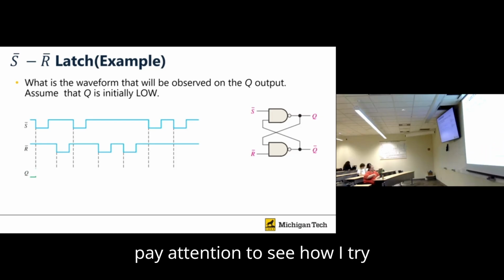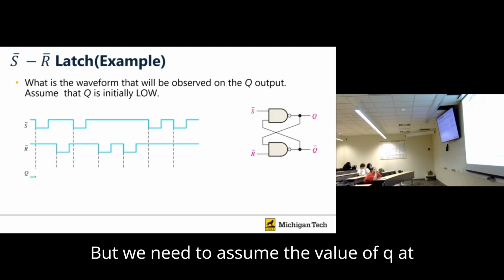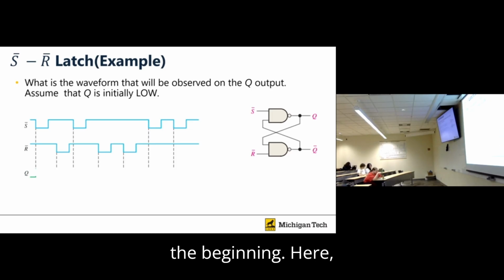So pay attention to see how I try to find Q. We're asking what waveform will be observed on Q, but we need to assume the value of Q at the beginning. Here, Q is 0 at the beginning.